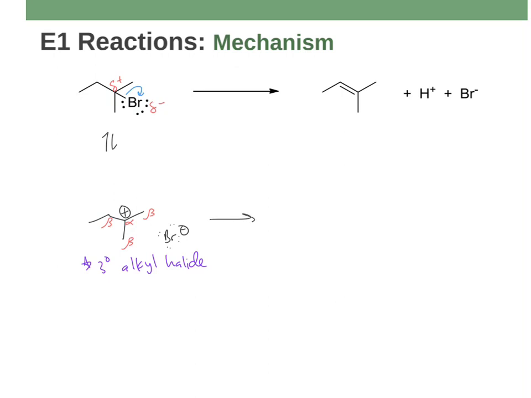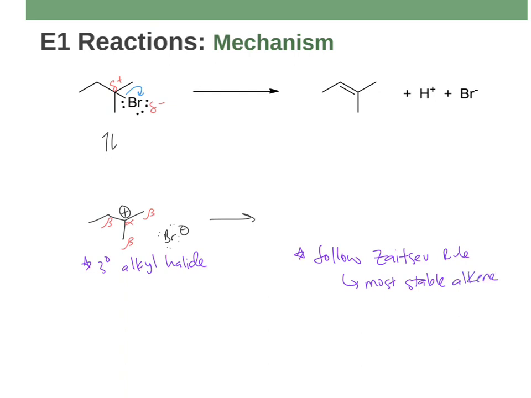We decide by just following the Zaitsev rule. So you're just going to make the Zaitsev product. So we're just going to look for the most stable alkene, which is the most substituted alkene.